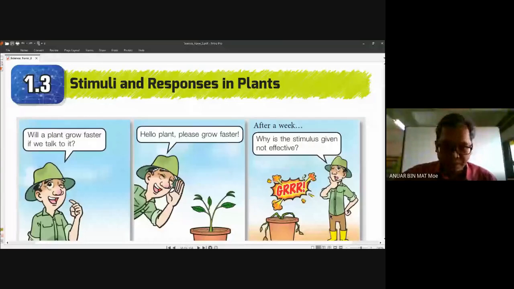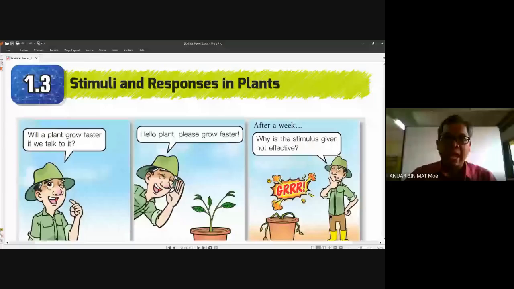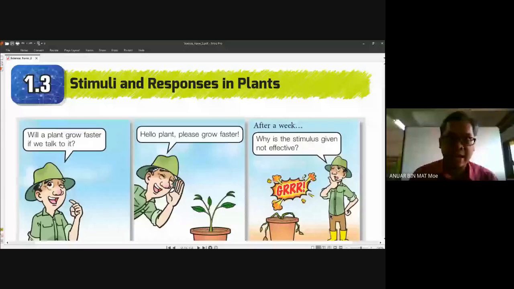When you hear about living organisms or living things, it consists of animal, plant, human, and also microorganism. Every living organism can detect stimuli, and they can also respond to the stimuli that they receive.